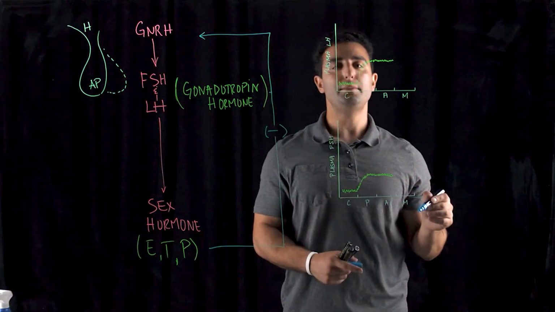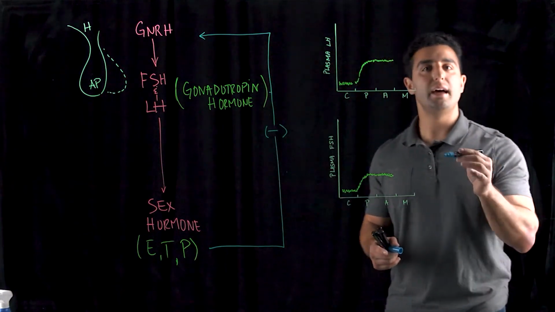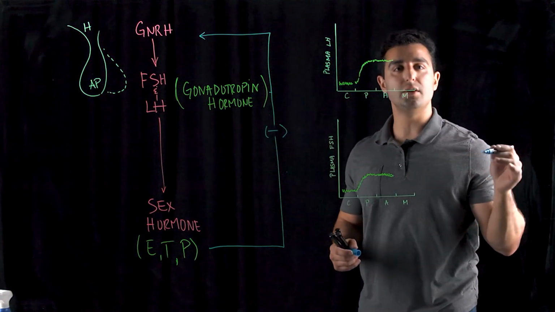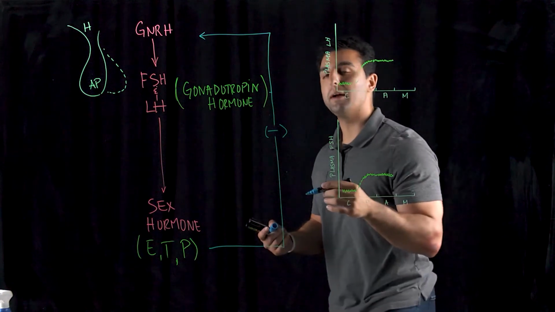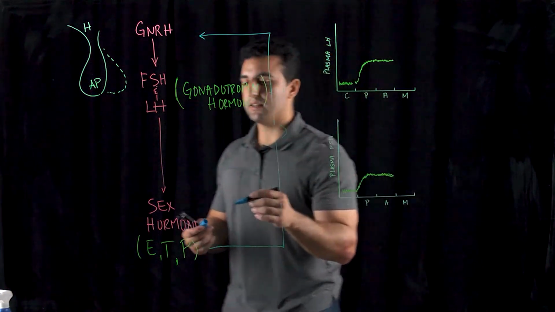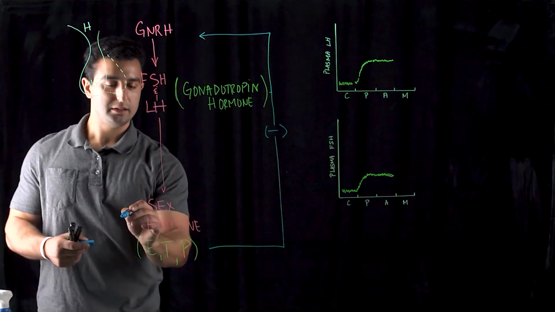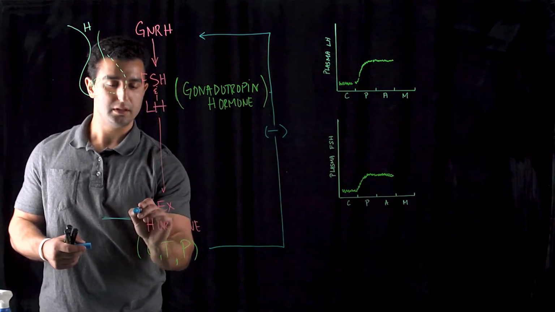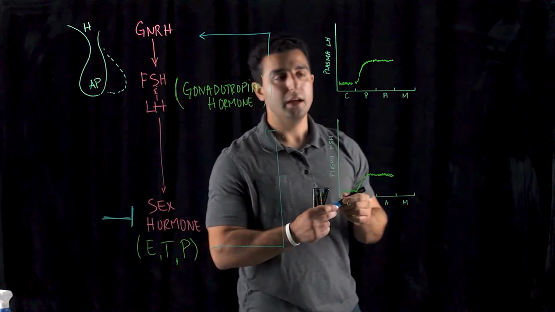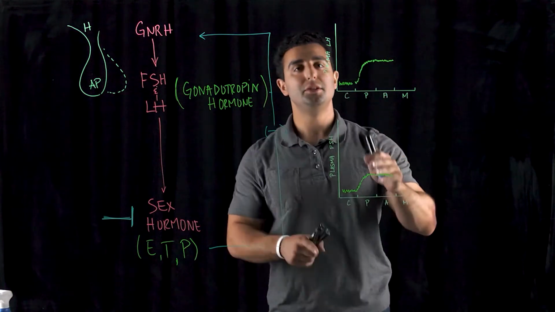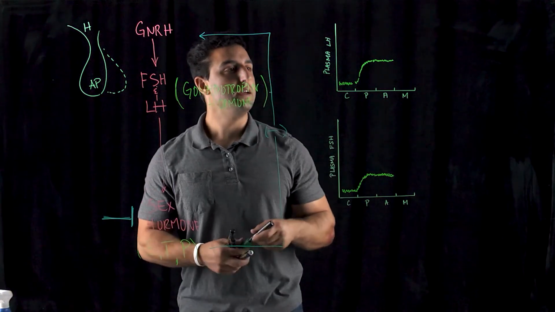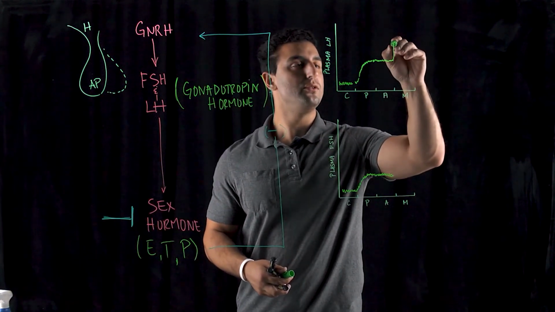But during menopause and andropause, what did we say in the previous lecture? That the gonads, the ovaries and the testes, become fibrotic and begin to degenerate and atrophy. So these hormones are no longer created. What do you think would happen to the concentration of luteinizing hormone and follicular stimulating hormone? If you guessed increase, you are correct.